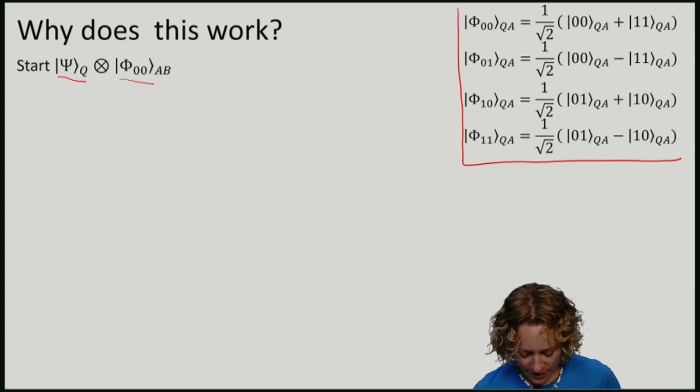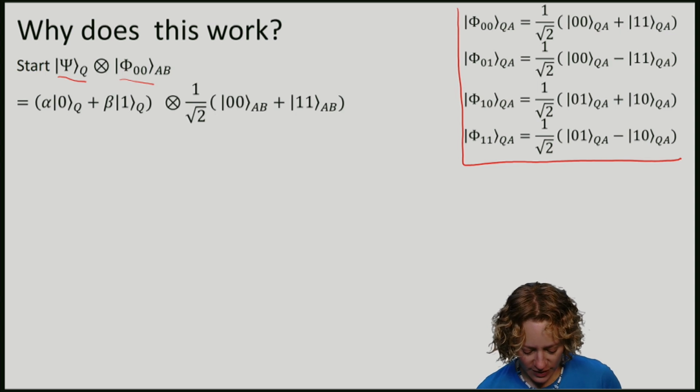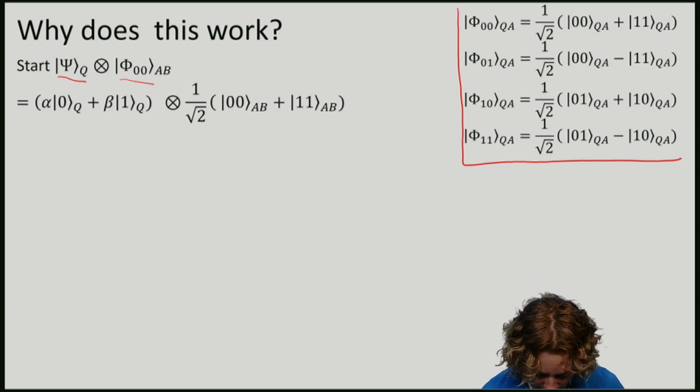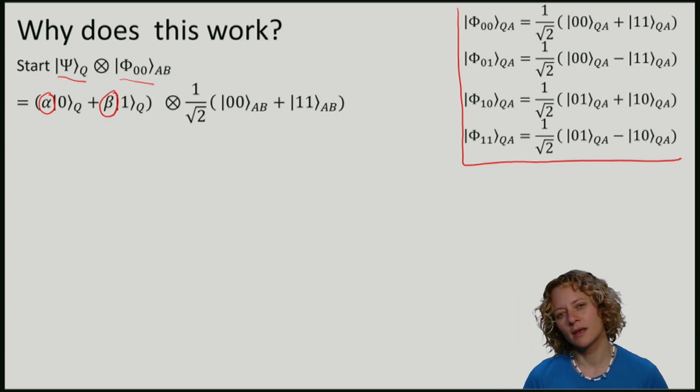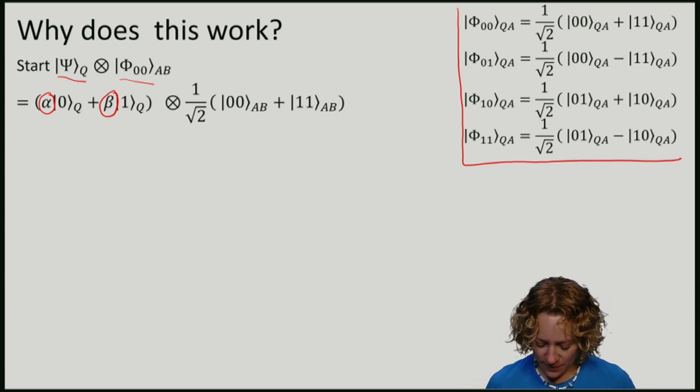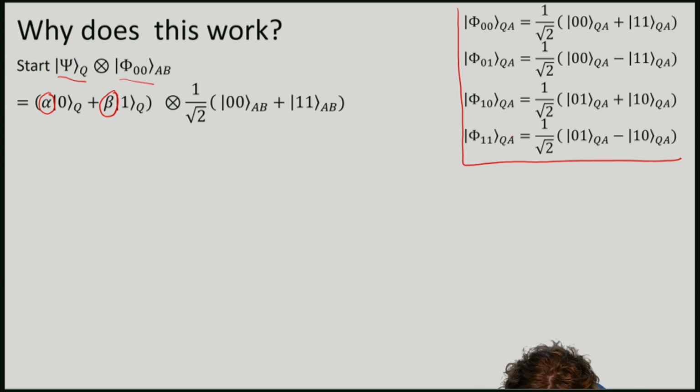So let's take this state and let's rewrite it. And what I've done here is I've taken the state Psi and I've written out the qubit. So of course Psi is a qubit. It is described by amplitudes alpha and beta. So my goal is now to express this in terms of the Bell basis of Q and A.